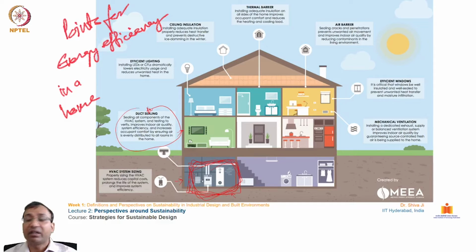Thermal barrier: again we have to check the transmission of energy and heat from one chamber to the next one. So we should put thermal barriers, thermal insulators in the places where a leak is possible. Even air barriers and efficient windows, because windows are direct openings.